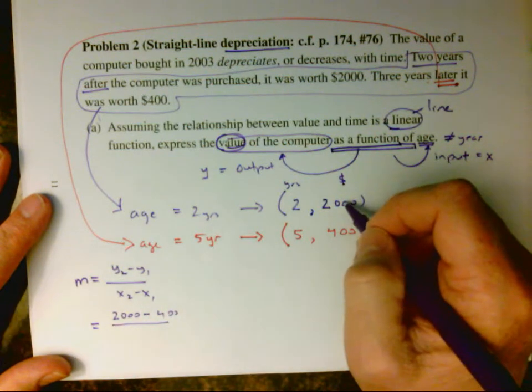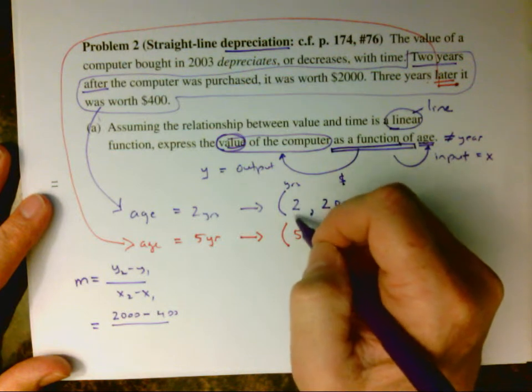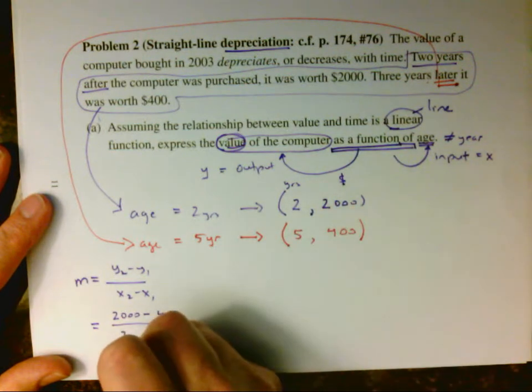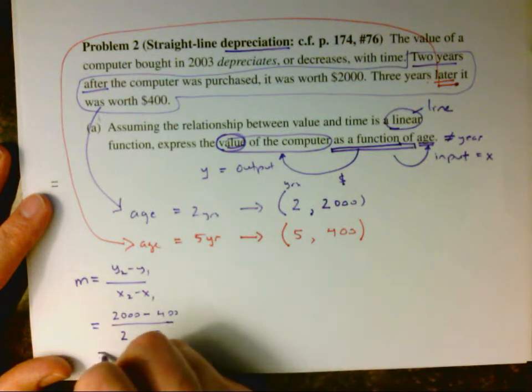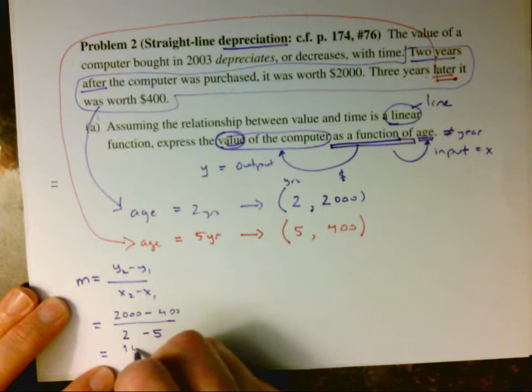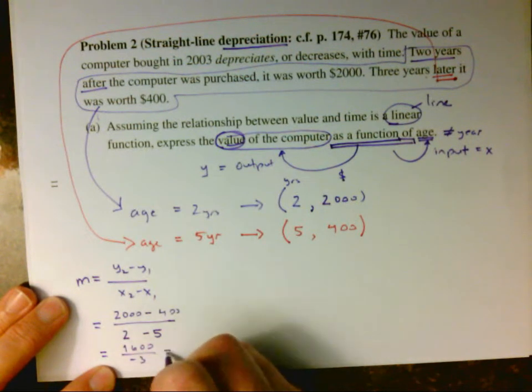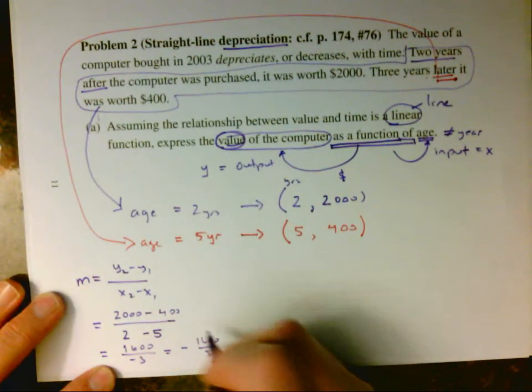So I'm subtracting that y minus that y. That means I got to subtract that x minus that x. So 2 minus 5. So you'll have 1600 over negative 3. So negative 1600 divided by 3.